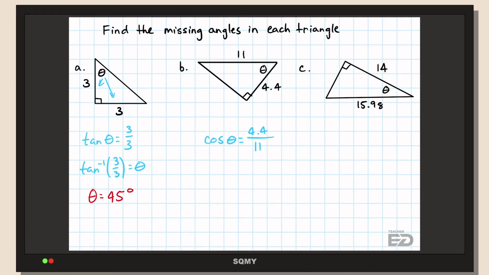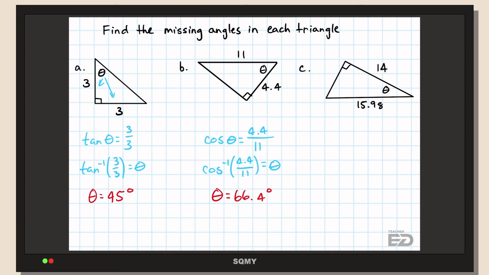Again, use the same second or shift key and then hit cosine. That should give you the cosine of -1 of 4.4 over 11 is equal to theta. Push enter, and you should get theta is equal to 66.4 degrees.